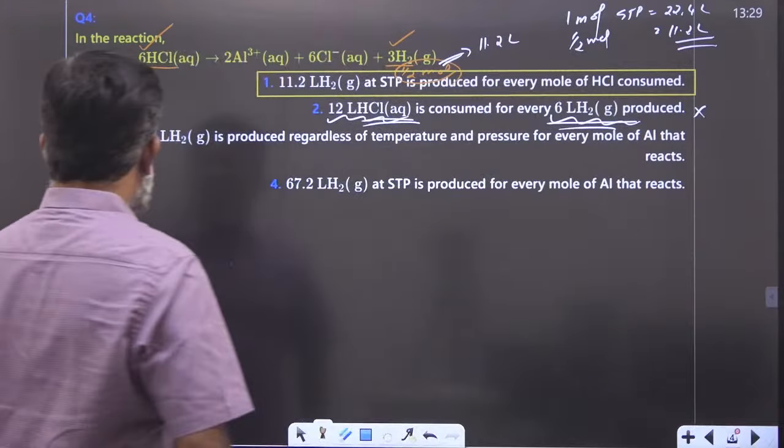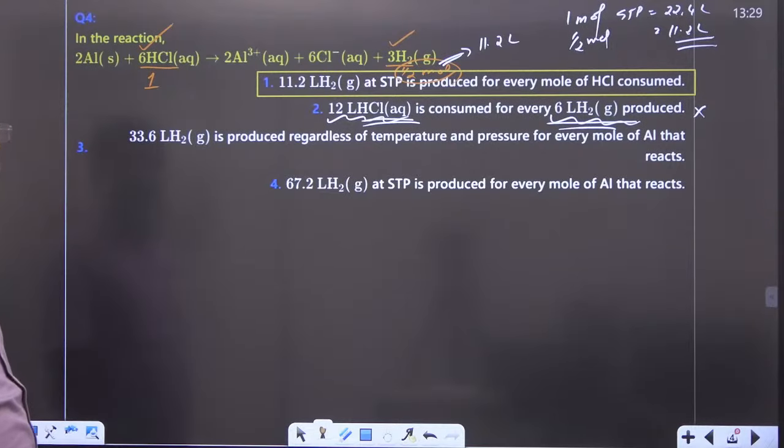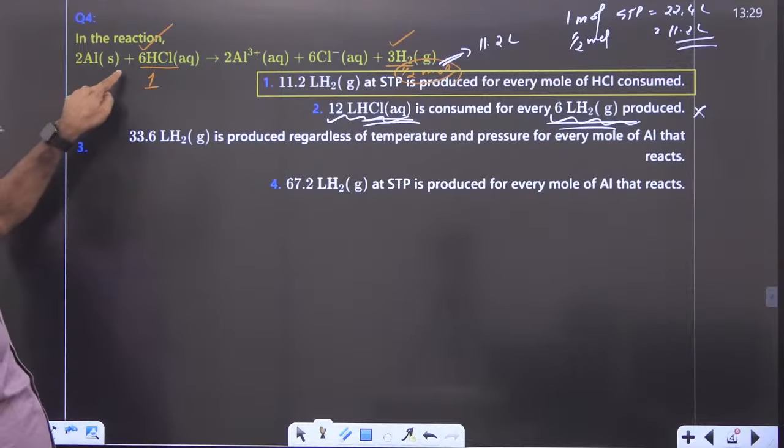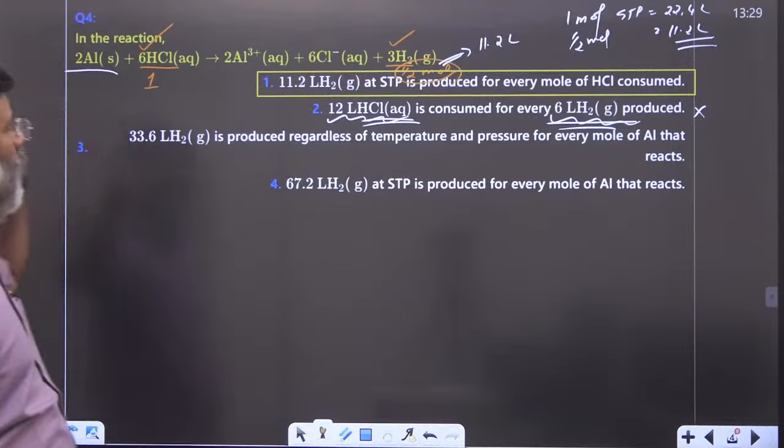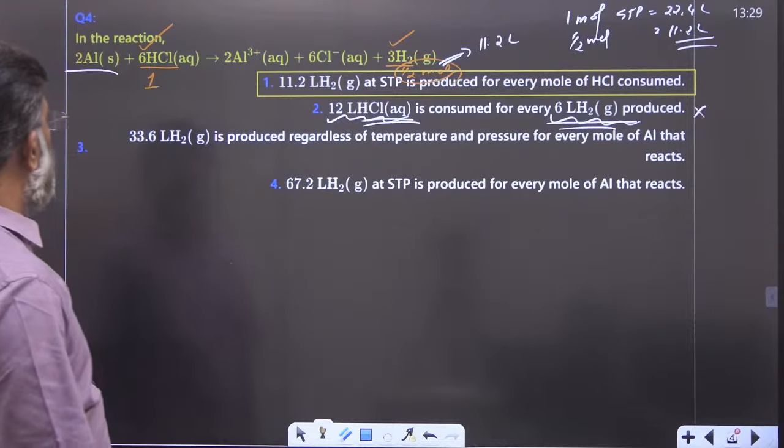What about third? 33.6 liter hydrogen produced regardless of temperature and pressure for every mole of aluminium that reacts. For 2 mole aluminium, you get 3 mole hydrogen.